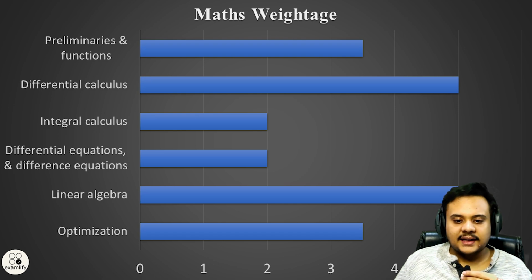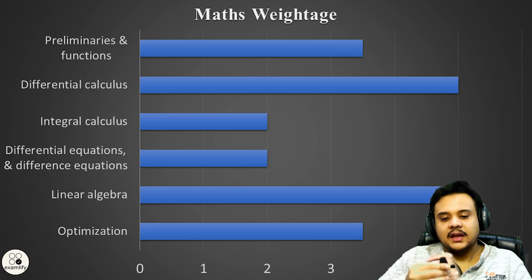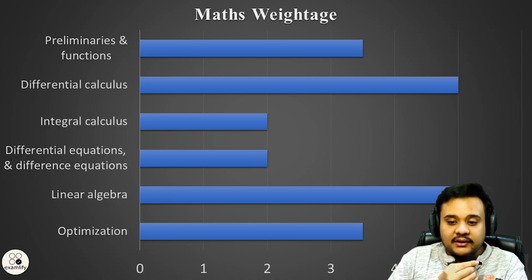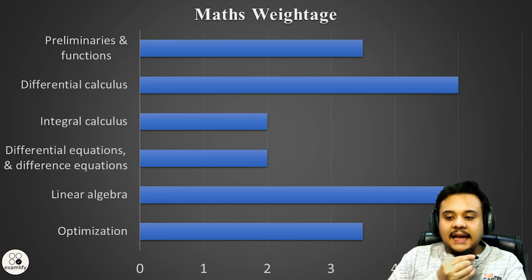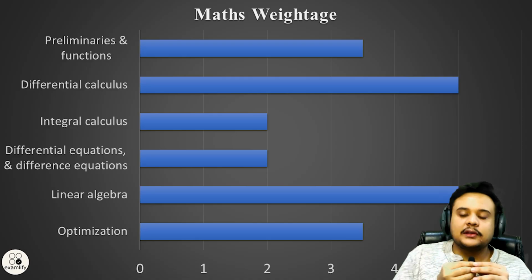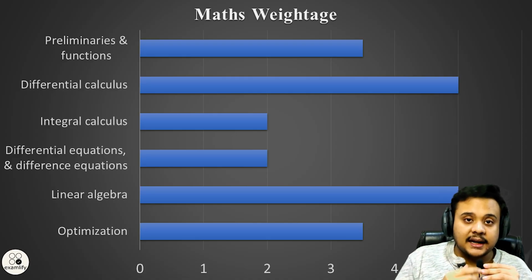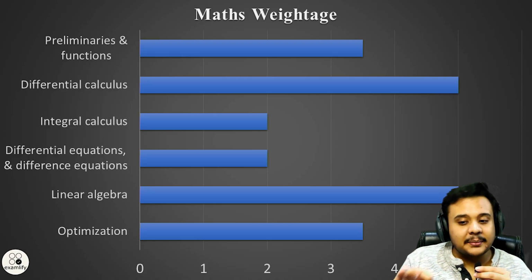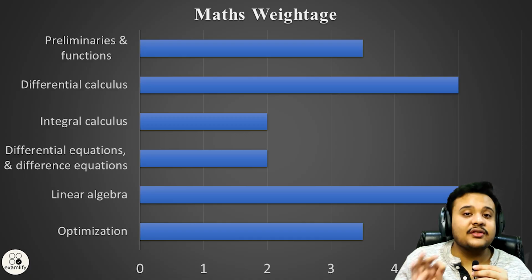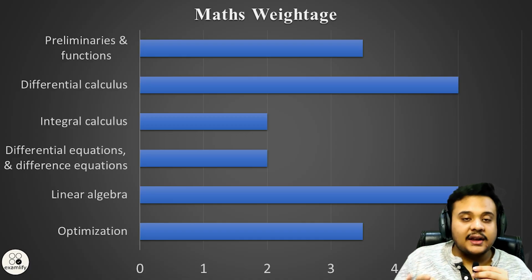Every year you can say that one integration 2 marker can be asked. Again, differential equations, difference equations, 2 marks. Linear algebra is, I think, the most important part under the maths part. Then optimization is also very consistently asked, right? The graphical questions or something or the other from optimization is very, very important and very, very consistently asked.